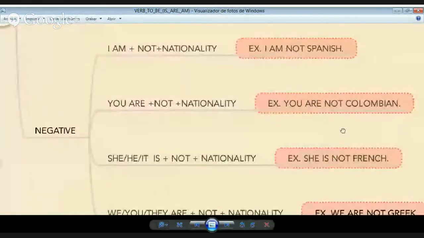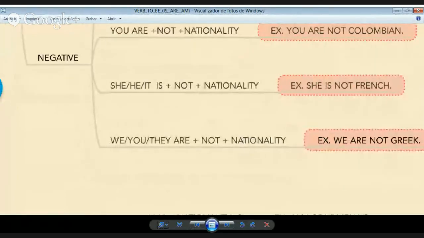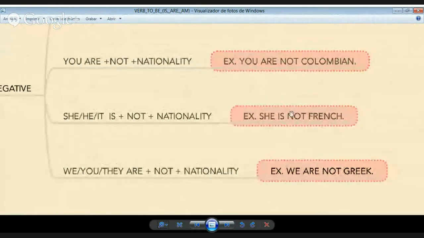Aquí ya tienen algunos ejemplos. In the platform you can see other examples, okay? Pero hay otro punto que me gustaría aclarar. No siempre va a ser con nacionalidades, pero en esta ocasión solo estamos viéndolo con nacionalidades. A continuación voy a mostrarles otro uso que es cómo aplicarlo cuando preguntamos por de dónde venimos, ¿ok?